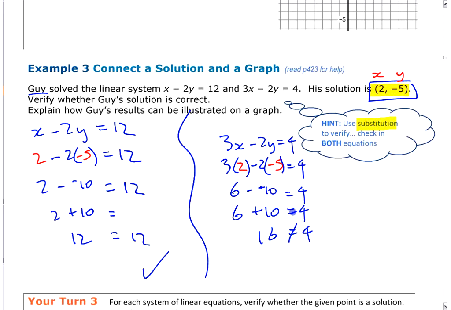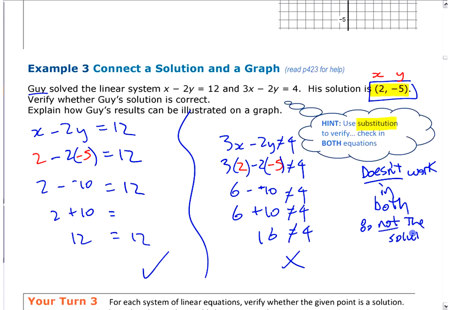Okay, this is not equal, right? Really, this should say not equal all the way down, or a question mark. This doesn't work in both, therefore not the solution. Has to work in both to be the solution. If you want it to be the solution, it has to work in both.